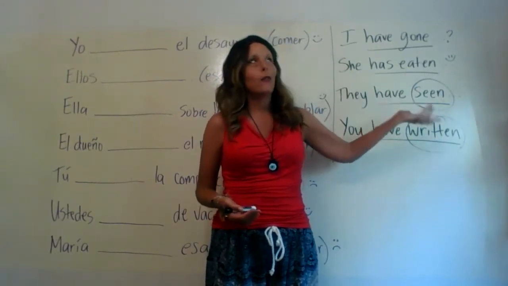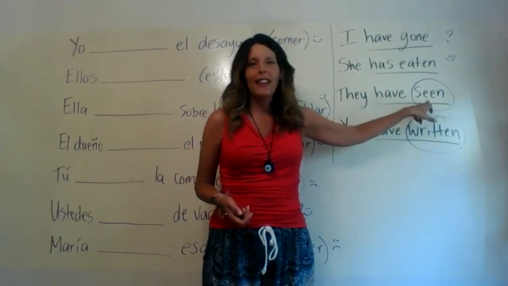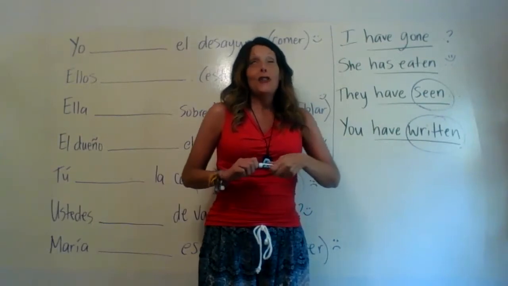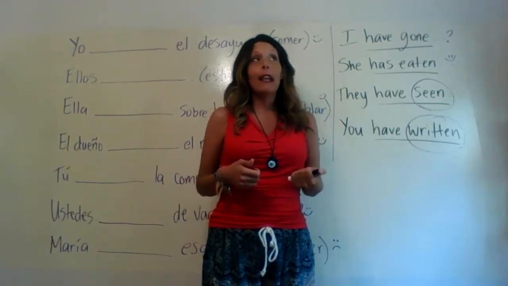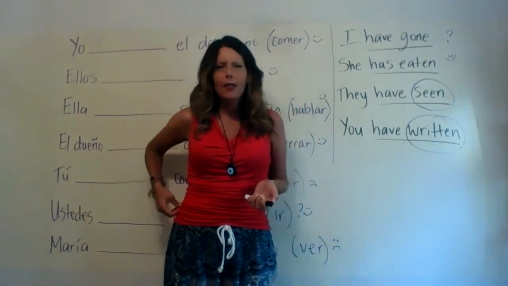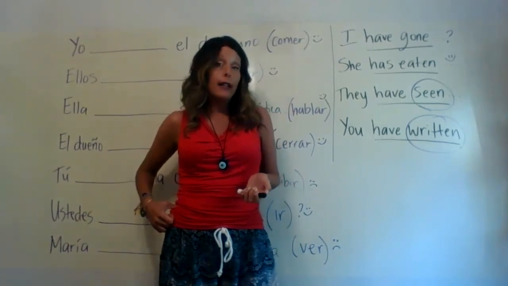This is the reason why I wrote a couple of these on the board. The other participle that we're bad with in English is to see. I would ask that same John, hey John, have you seen that movie? Is it good? That's a question I would pose to him in English, utilizing the present perfect.